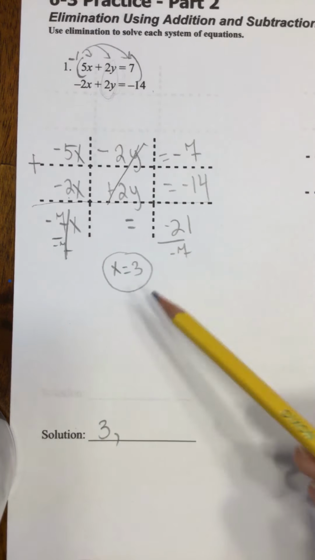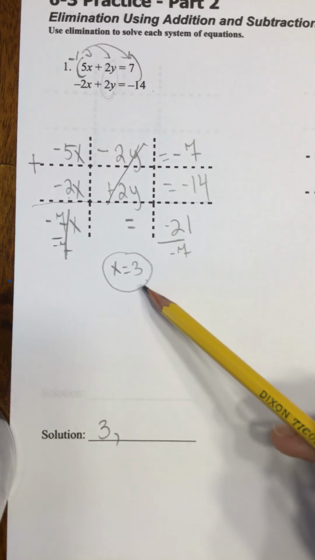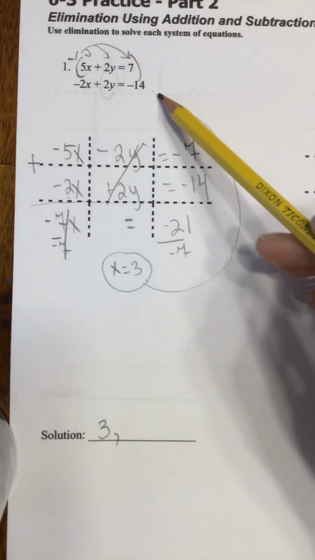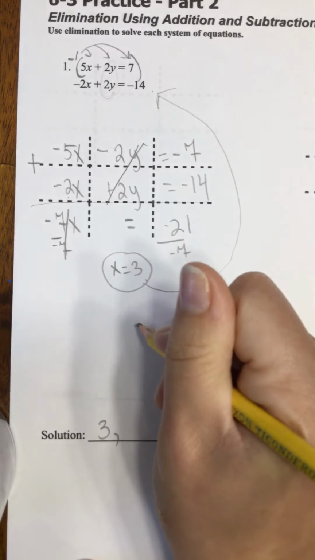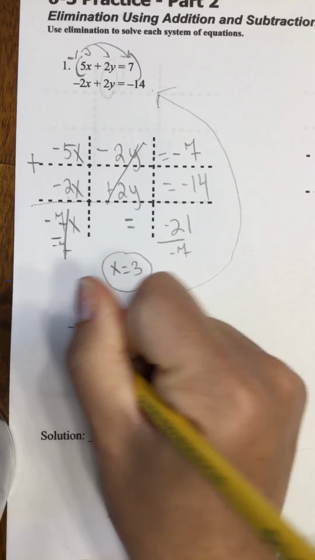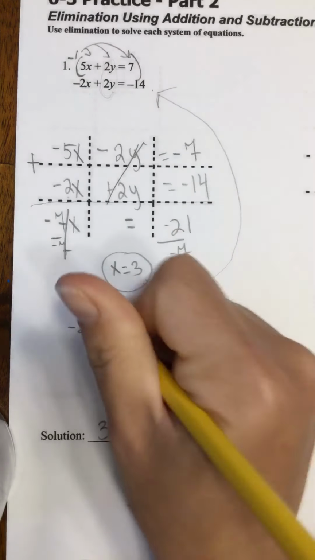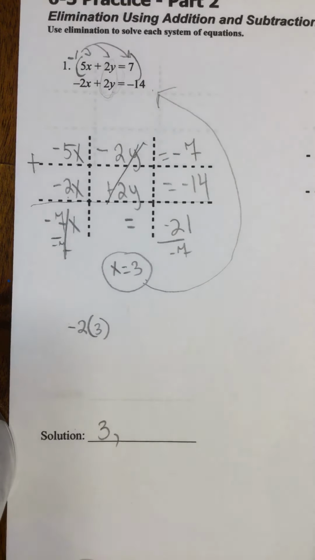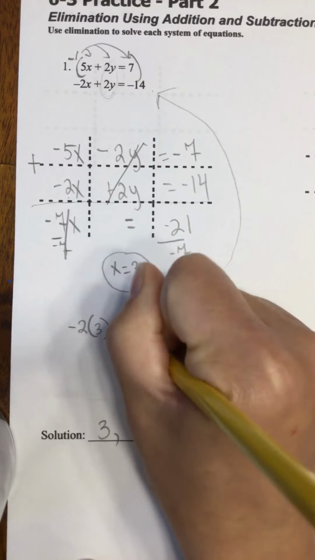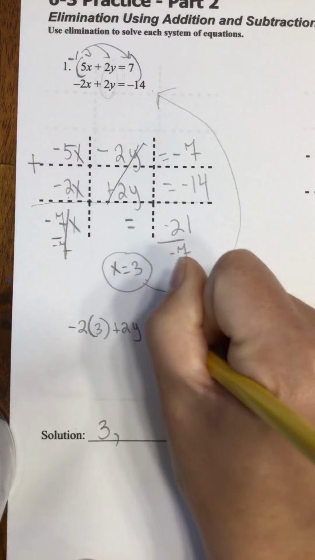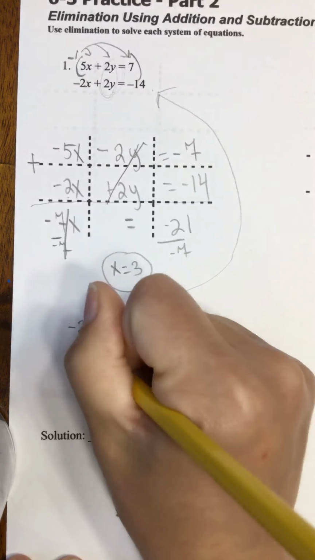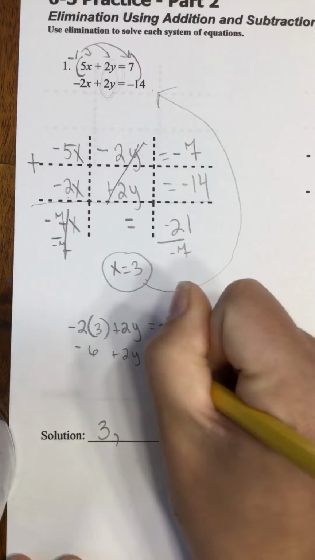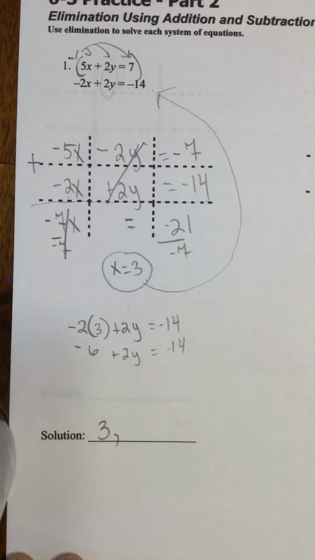Now I need to take this and plug it back into one of my equations. So I'm going to do the bottom one, which would give me -2 parentheses 3 plus 2y equals -14. -2 times 3 gives me -6 plus 2y equals -14.